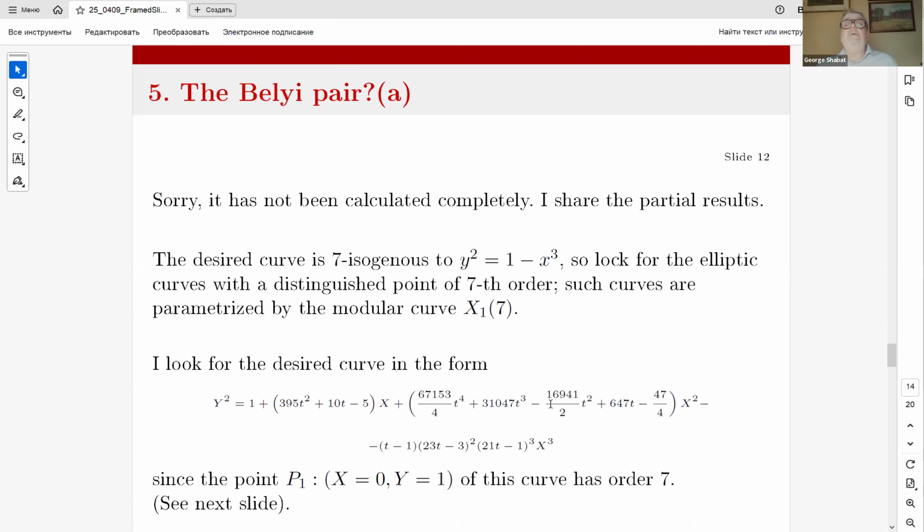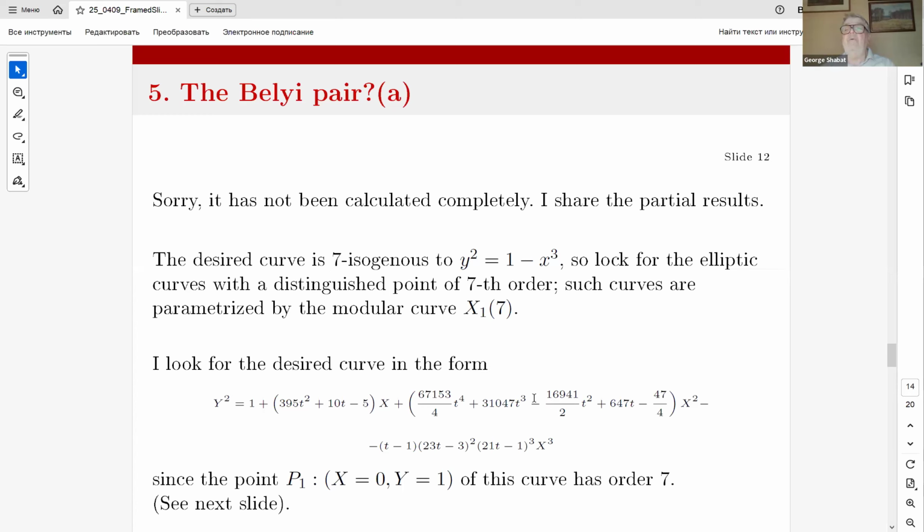So now, as I warned you, the subject of Belyi pair is with a question mark because, well, for me, it is not completely easy. It is possible that somebody else could do it during one evening or 1 hour or several minutes.